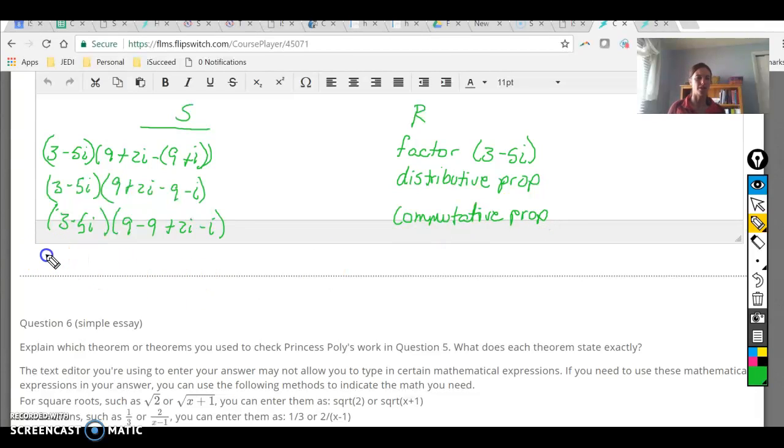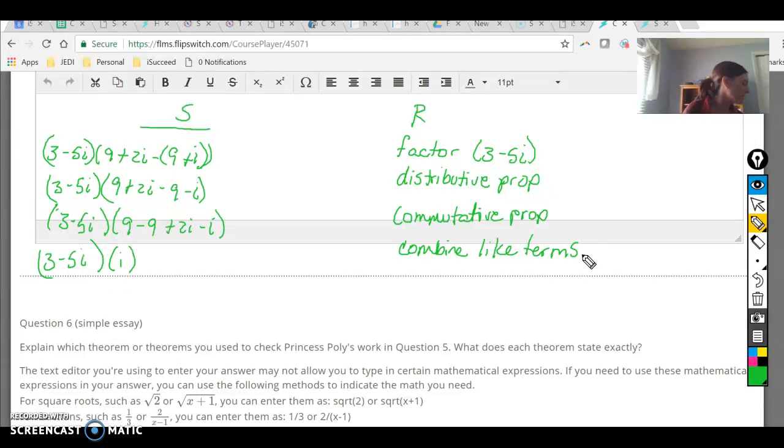Okay, and (3 - 5i), I am going to combine like terms so that I get 0 for my real terms here, and then my imaginary terms just go to i. That is combine like terms.